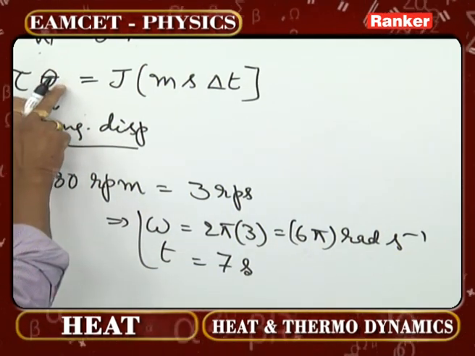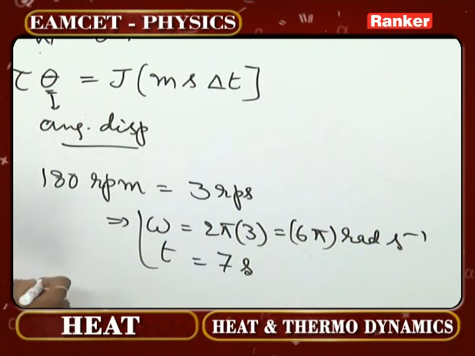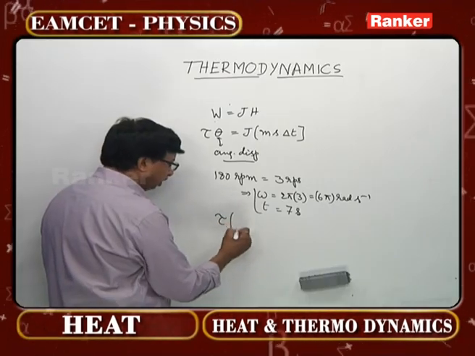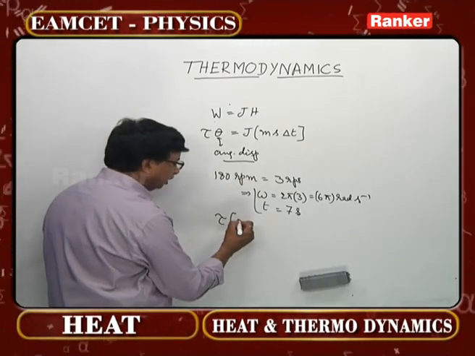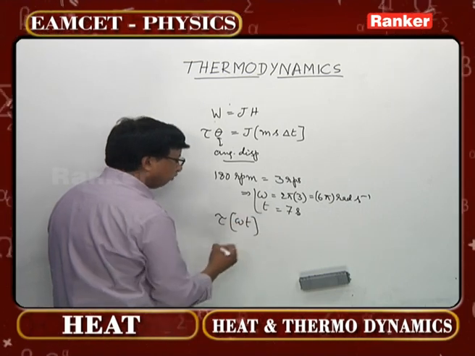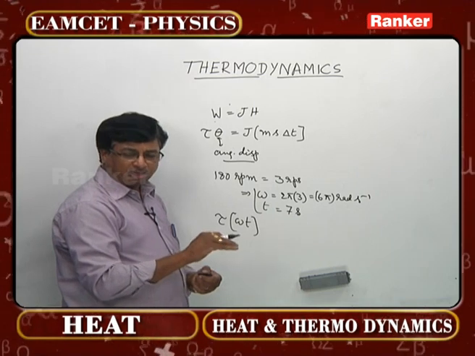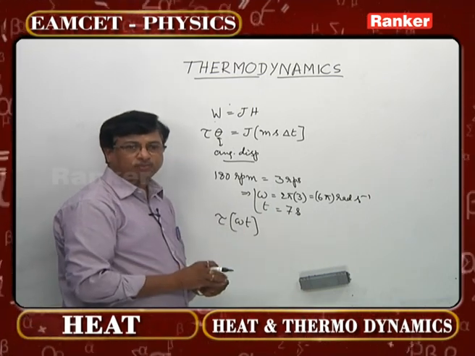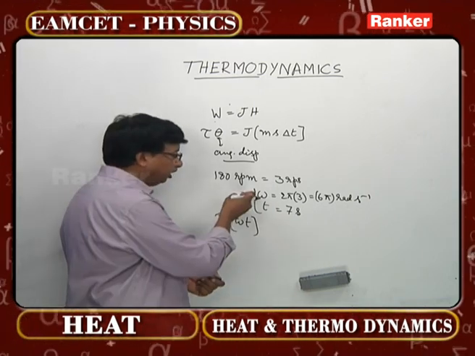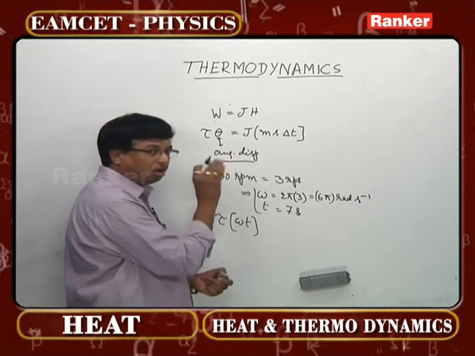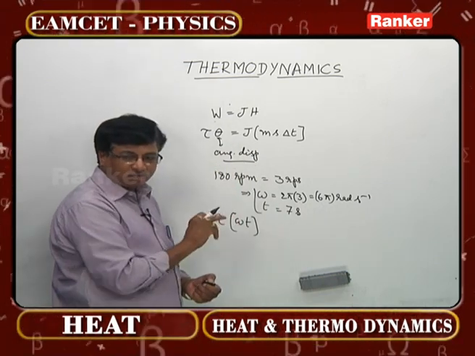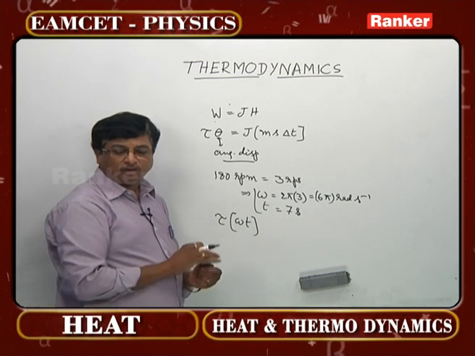So what is the variation you should take in this particular equation? Tau times theta can now be written as tau times omega t. Why? Because theta is equal to omega i t plus half alpha t square officially. But here the drill has a constant angular velocity. That means it will not have any angular acceleration.